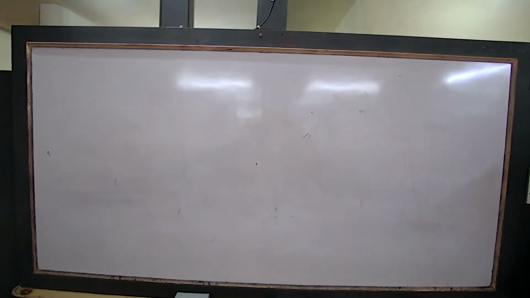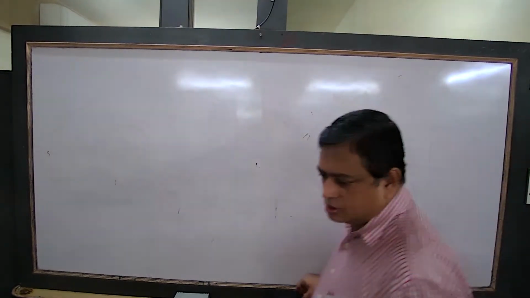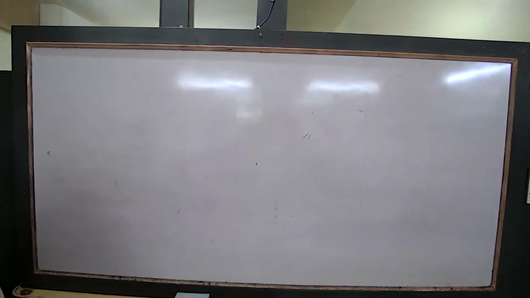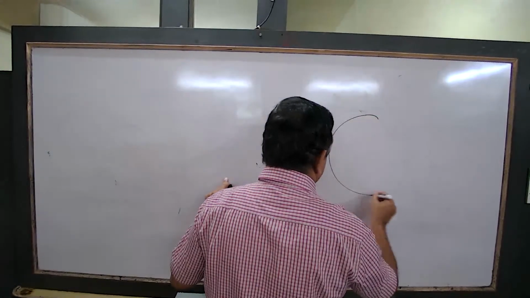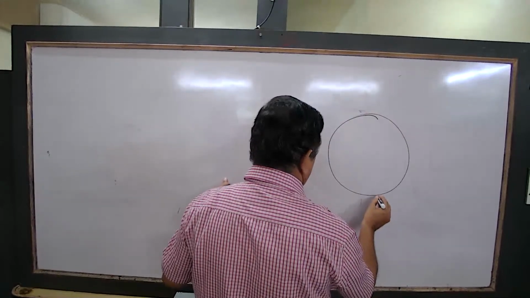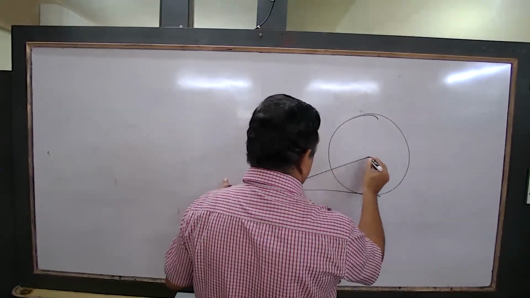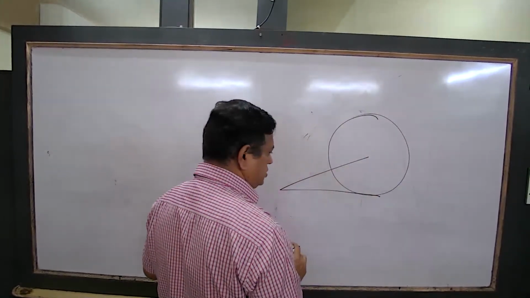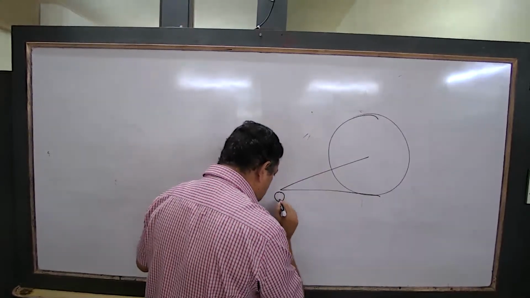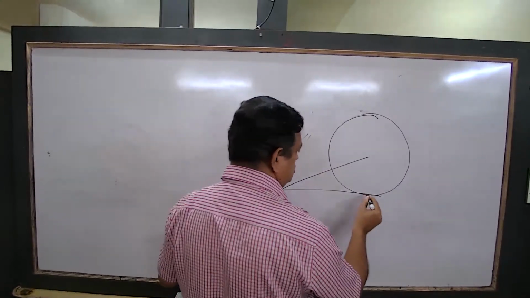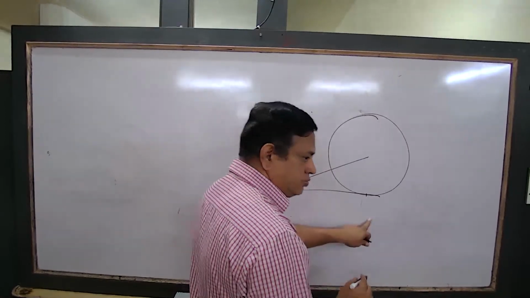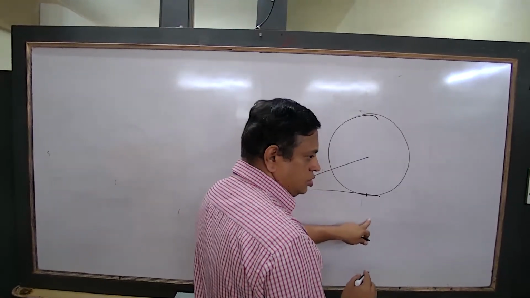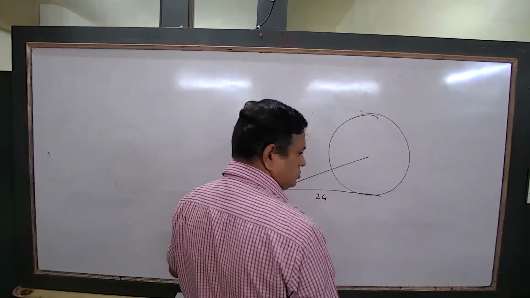Only Q is given and center is given. Most of you people have drawn this much. From the point Q, the length of the tangent is given as how much? 24. This is 24.